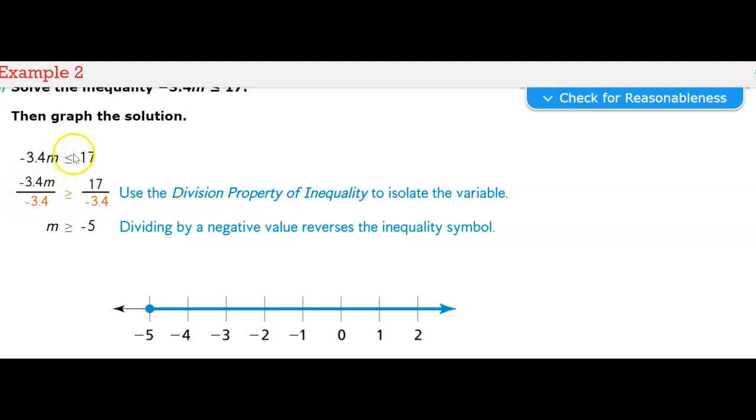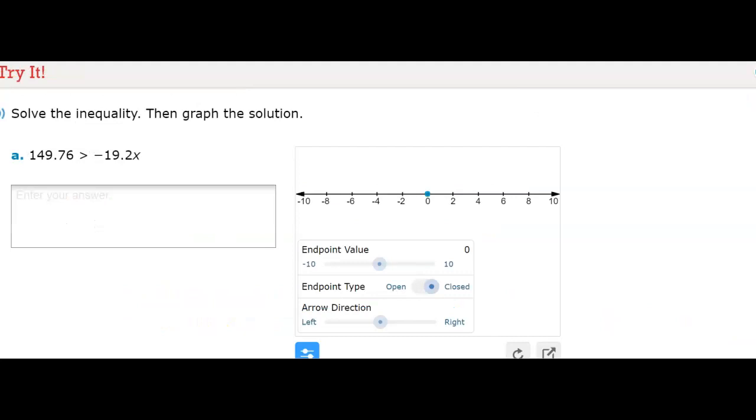We started with a less than or equal to symbol, but when we divide by a negative number, that symbol changes to the opposite. So now we have greater than or equal to. So m is greater than or equal to -5. And we're going to close the circle because it includes -5, and then it's all the numbers greater than -5.